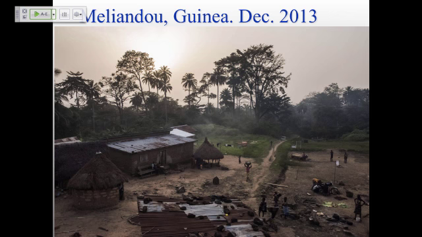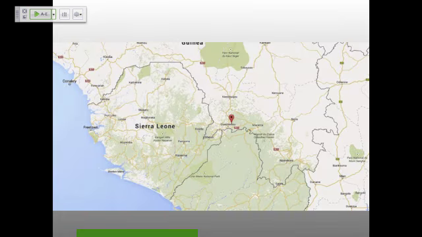Think about hospitals, medical relief care, etc. But people can certainly move around. Where is this? Again, it's in Guinea. But these original outbreaks are right here at the border between Liberia, Sierra Leone, and Guinea.